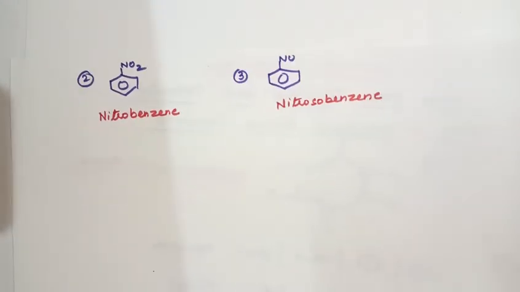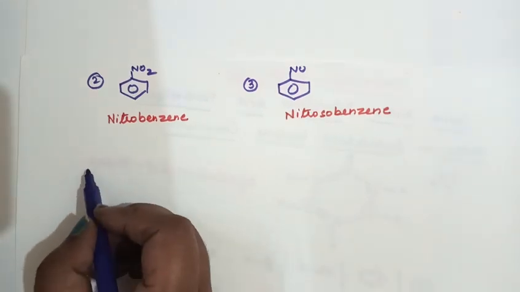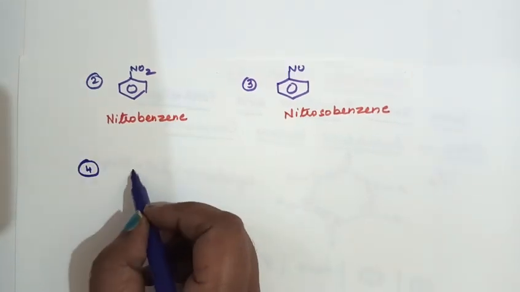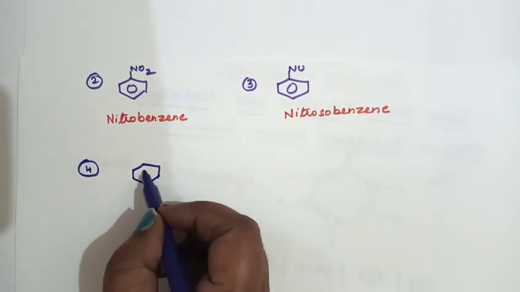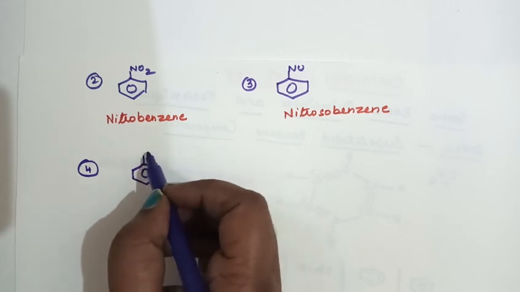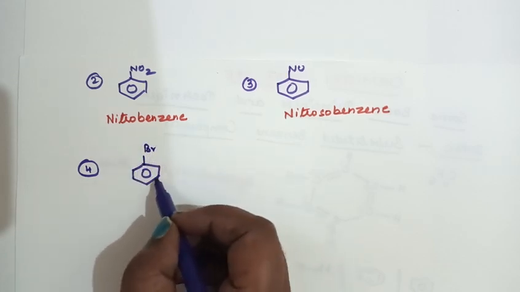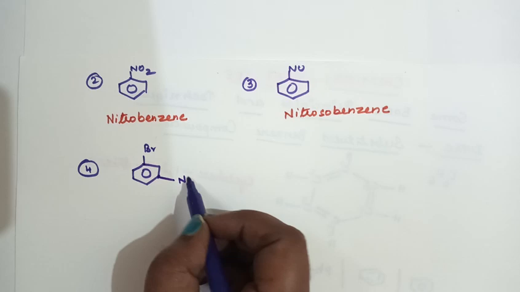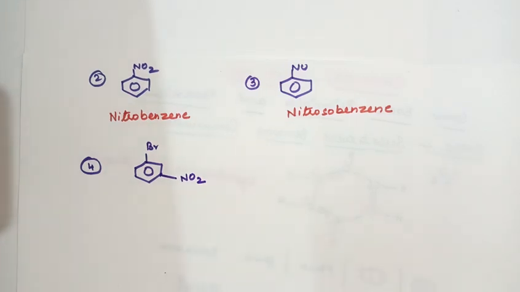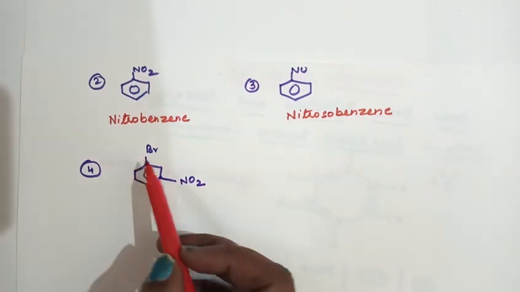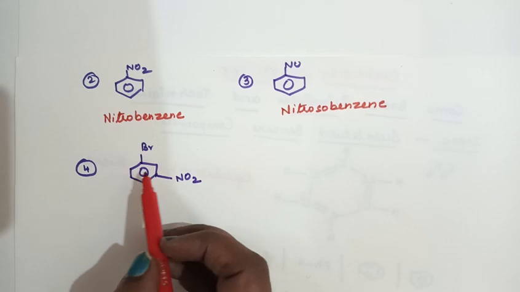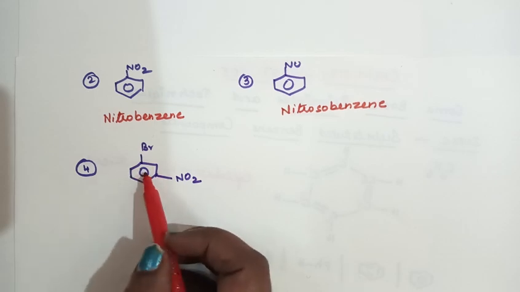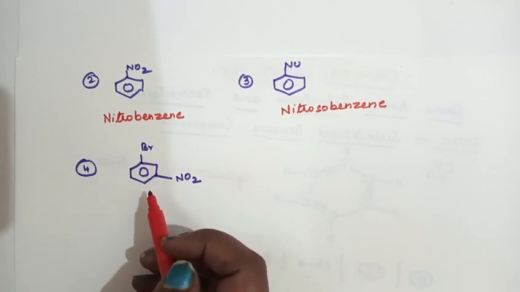If two substituents are there, how to write the IUPAC nomenclature? So benzene ring. So here I'll write bromo group and here I'll write NO2 nitro group. So now if two substituents are there, you have to number the carbon atoms of the benzene. So how to number, students, now?